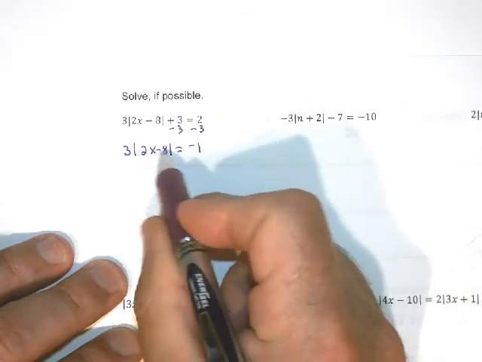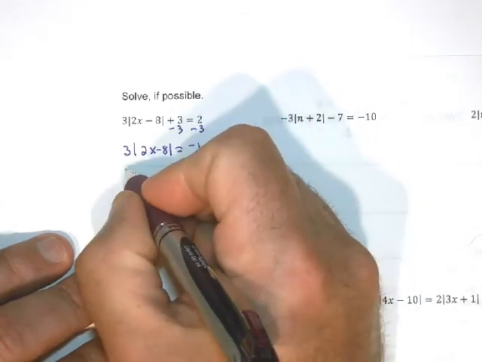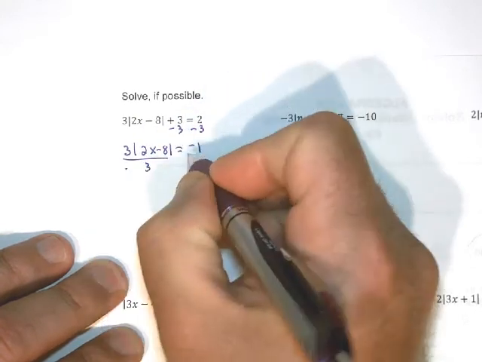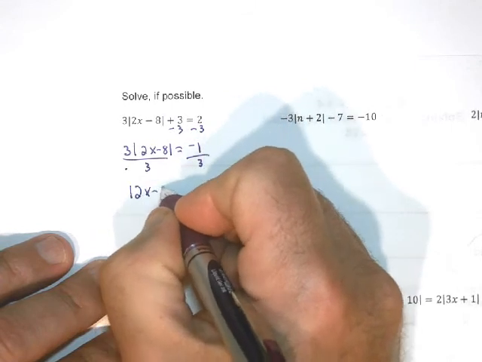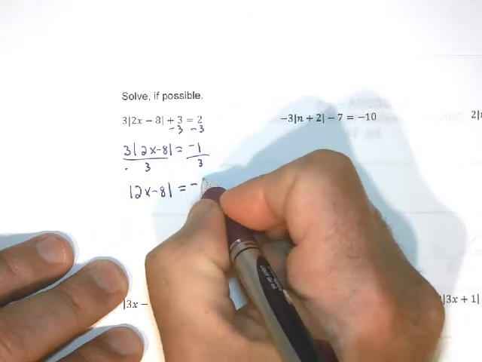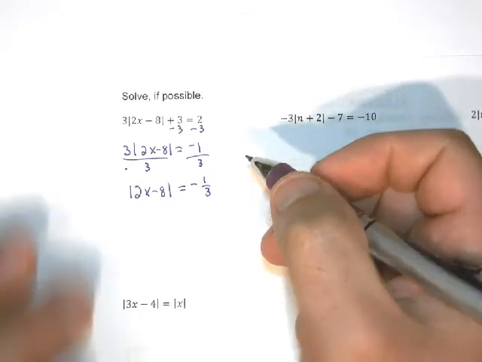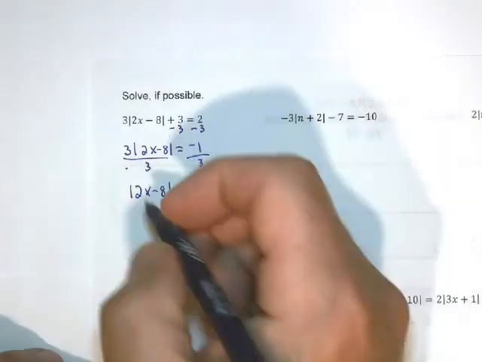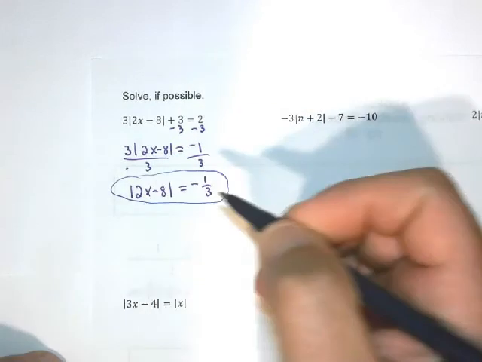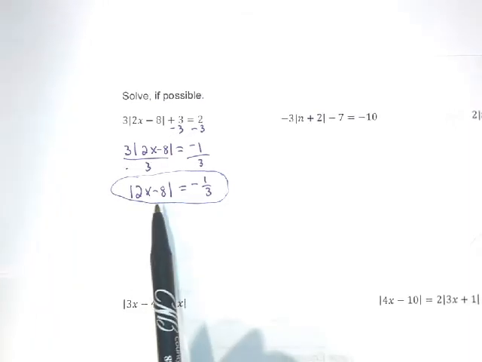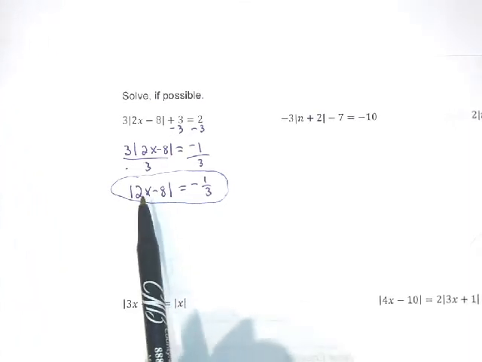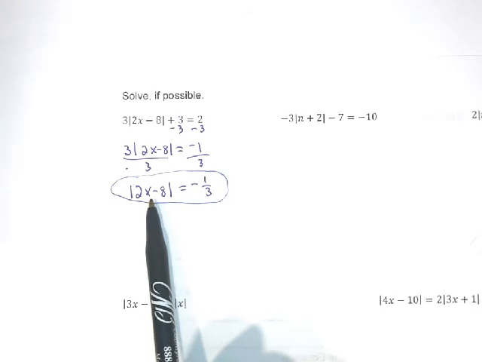Next, we still need to get our absolute value by itself, so the 3 that is being multiplied is divided from both sides. We're left with the absolute value of 2x minus 8 equals minus 1/3. Now that should bring up some red flags, because the absolute value is the distance away from 0, and distance is always a positive answer.